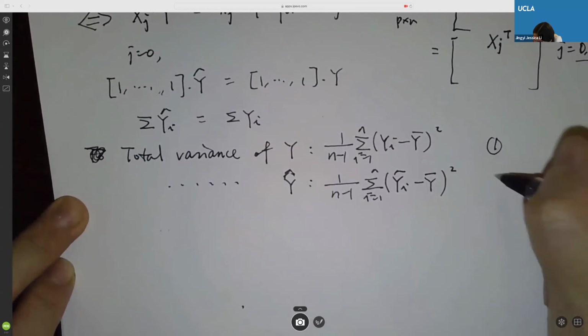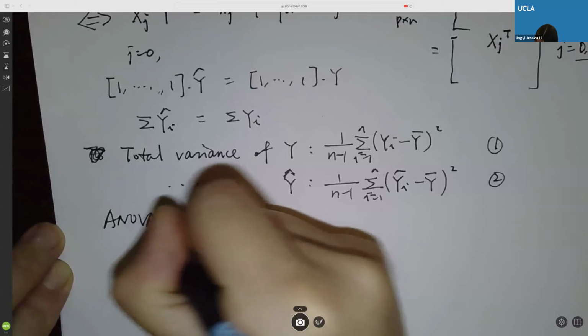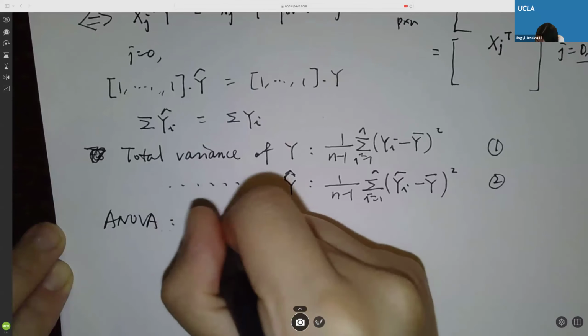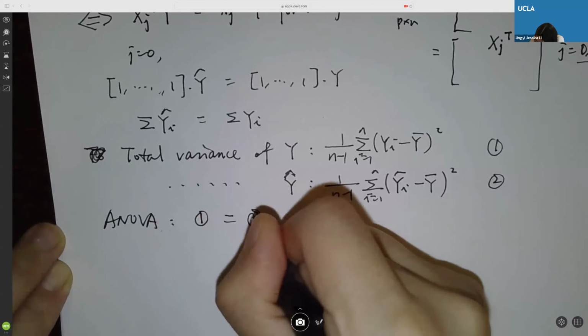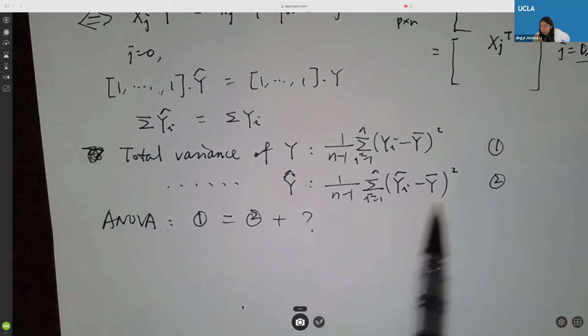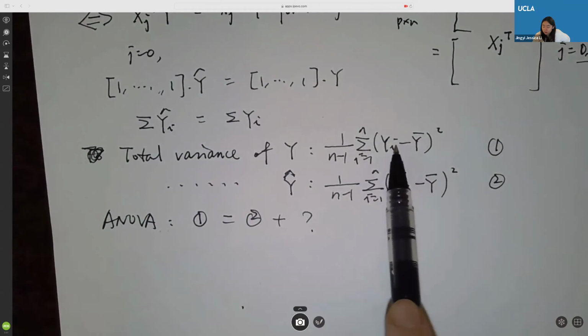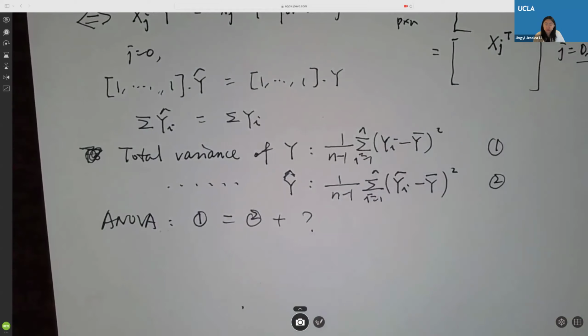I call this 1, I call this 2. ANOVA is basically decomposing 1 as 2 plus something. So this is the variance in our predicted values, and this is the variance in our total, in our observed response. All right. What's their difference?